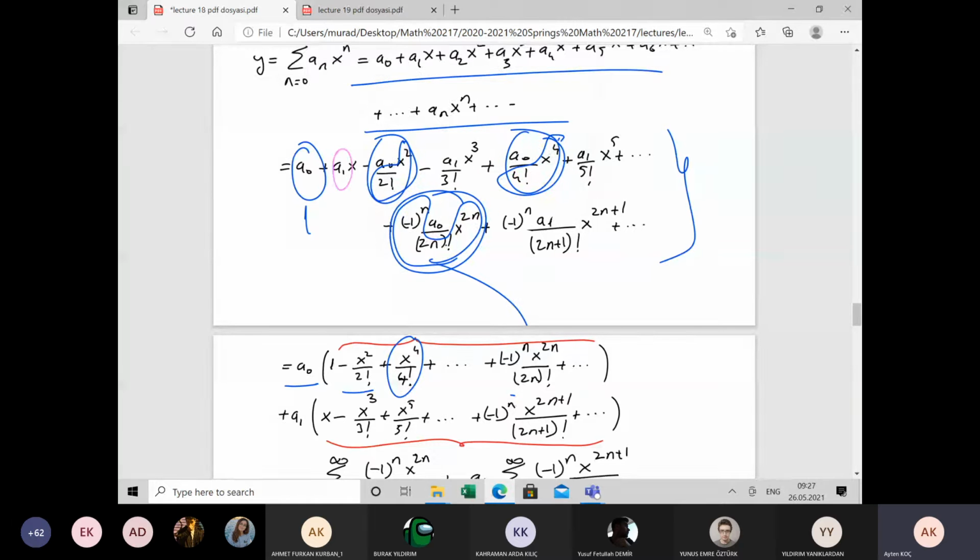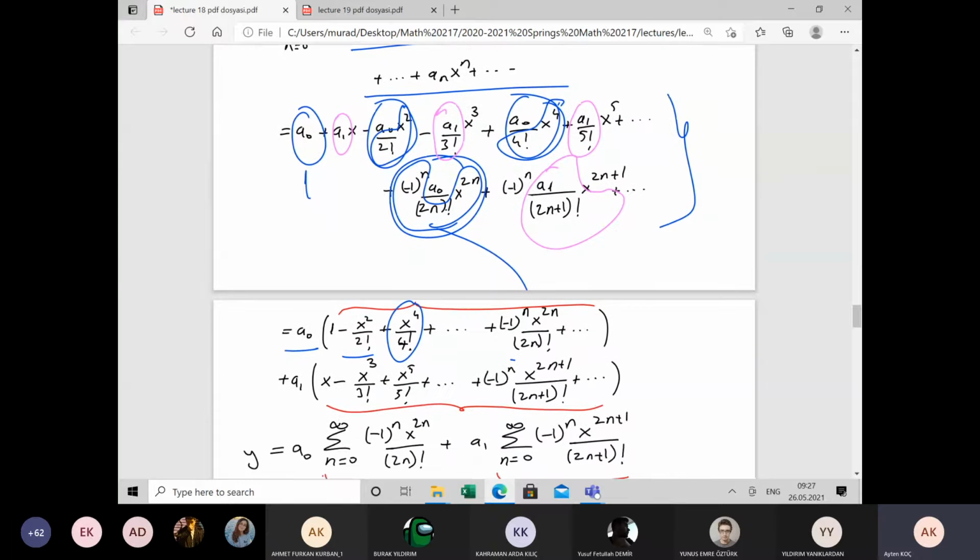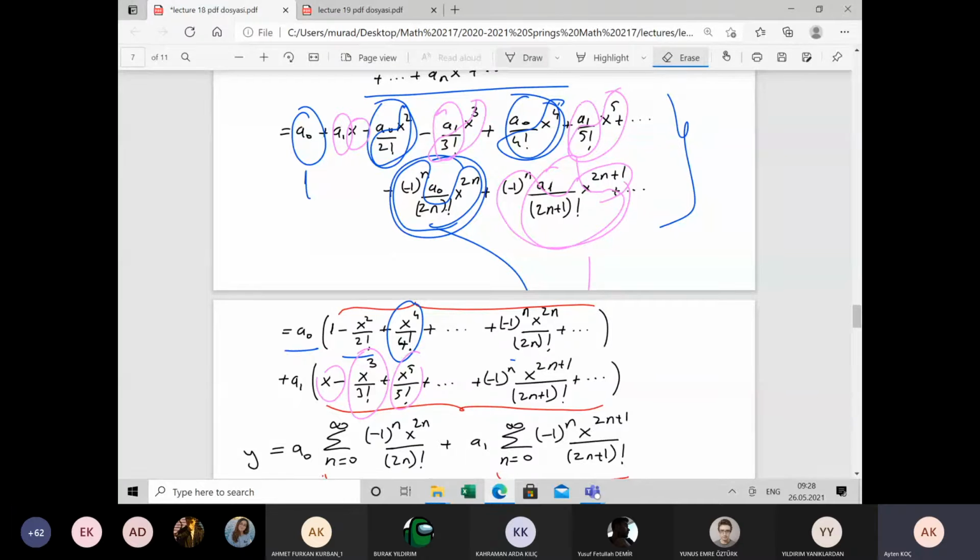As for a1, all the coefficients here contain a1, so write x and this one, and so on. But be careful: here it should be dot, dot, dot. Otherwise, this is not an infinite sum.